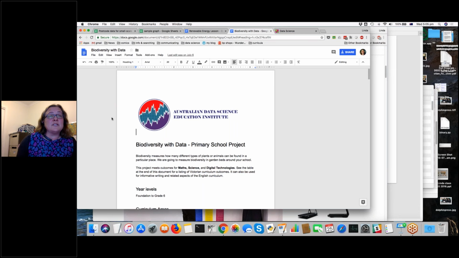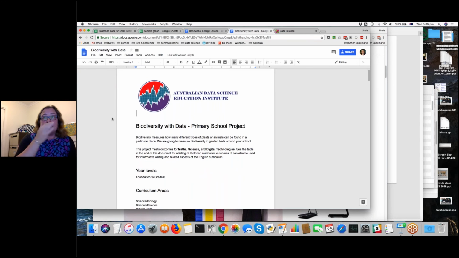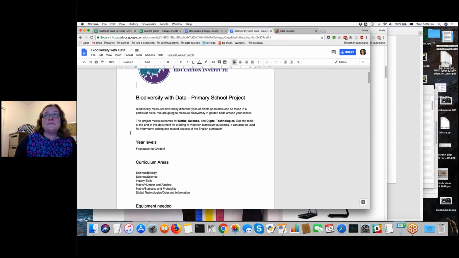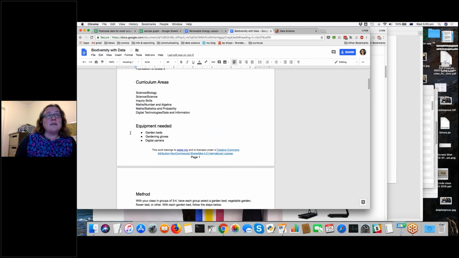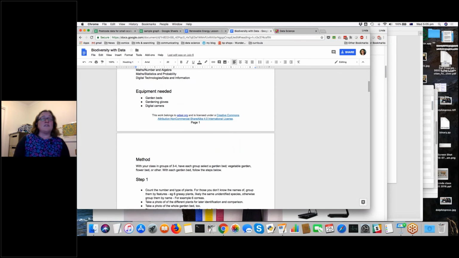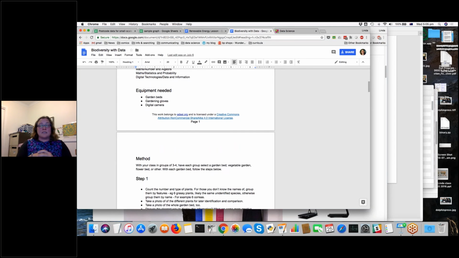And we can really do this from foundation to grade 6, depending on how you go about playing with the data. The idea here is that we're working with the school's environment. So we're looking at garden beds in the school, and we're getting kids to basically collect data about the garden beds and analyze that data.